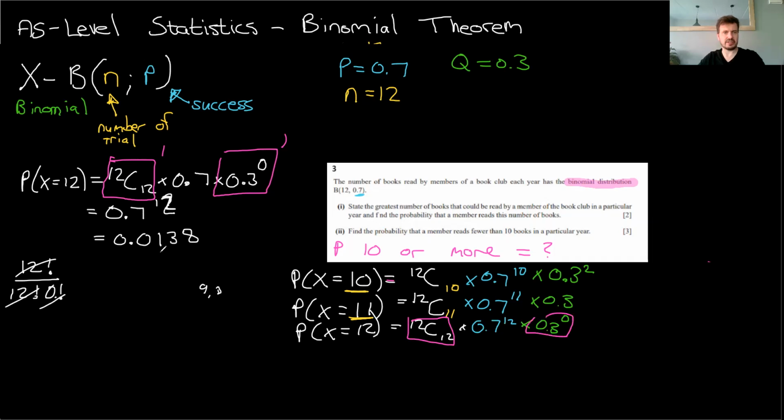But I know my answer to that. This last one we've already done, which is 0.0138, because that was reading every single book. Okay, can we work out these ones? What's this first one?